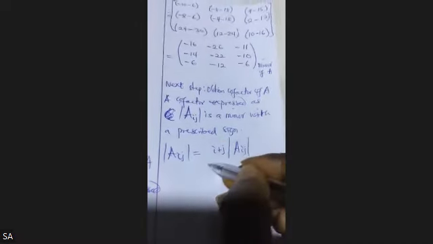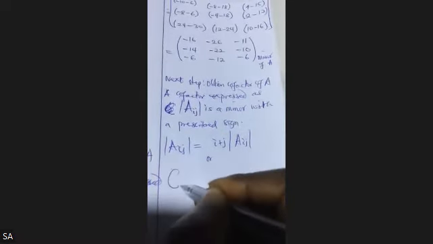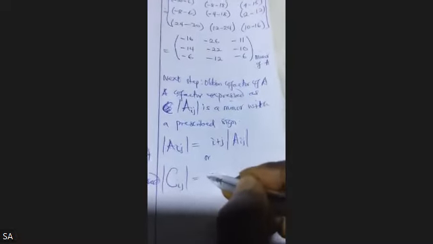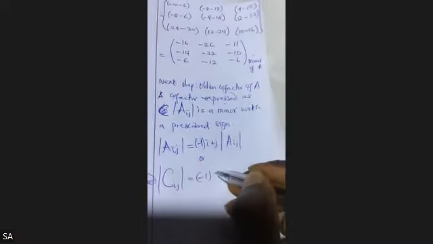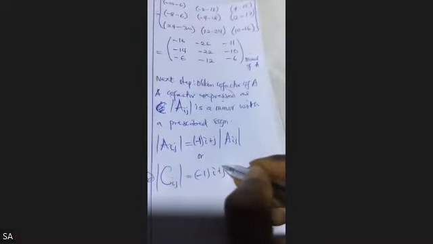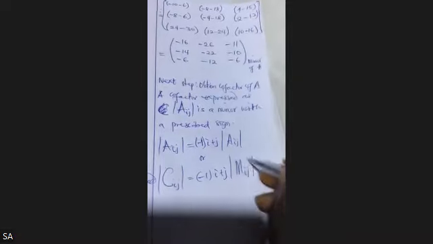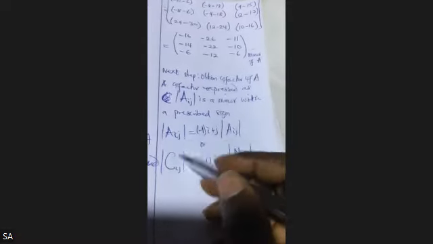Take note of that. We can simply express it as C, representing cofactor, equals minus 1 to the power i plus j, then M_ij. Now this M is the minor, okay? So a cofactor is a minor with the prescribed sign.